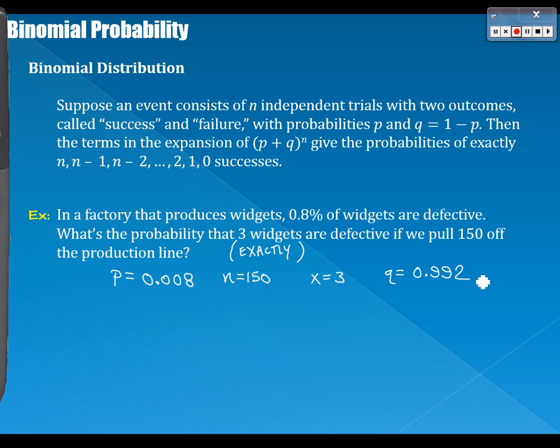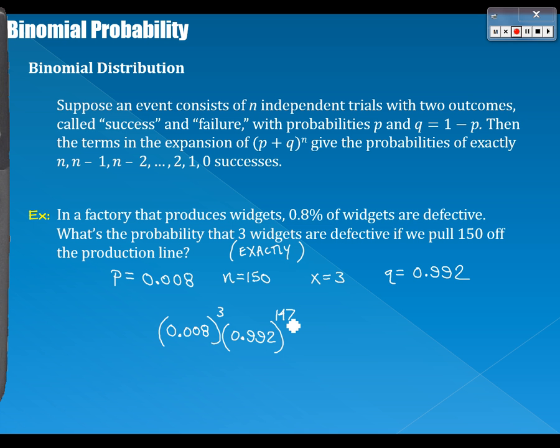All right, so here we go. Are you ready? We have the information written down, just like the warm-up. How's this going to go? We want 3 widgets to be defective, so those are independent probabilities, so we'll multiply. We want 147 of them to be working. Hopefully you're seeing this is the same as the warm-up. But then how many ways can we do that?